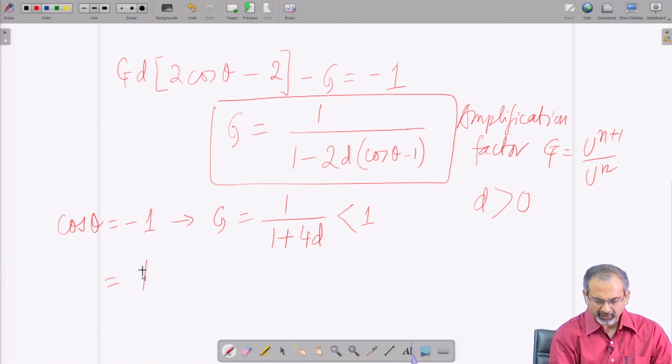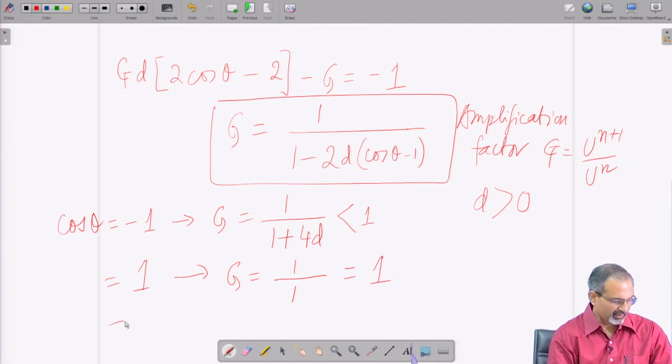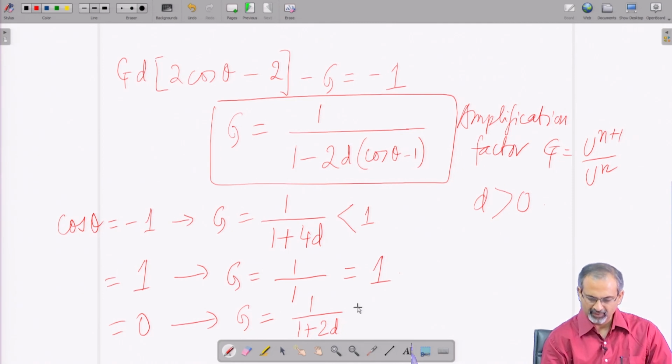If you take a value of cos theta equal to 1, then G is going to be 1 by 1, so G is exactly equal to 1. When cos theta is equal to 0, then G equals 1 by 1 plus 2d, which again is less than 1.